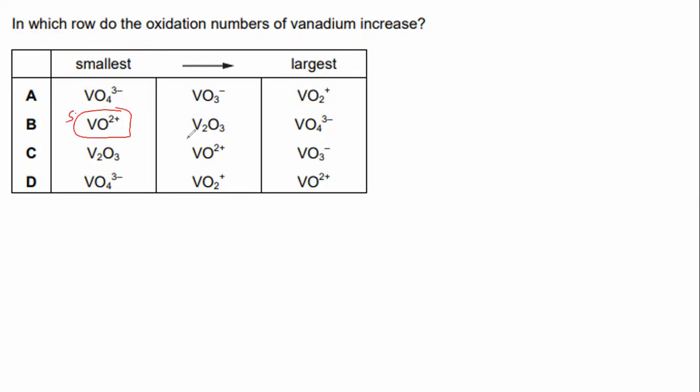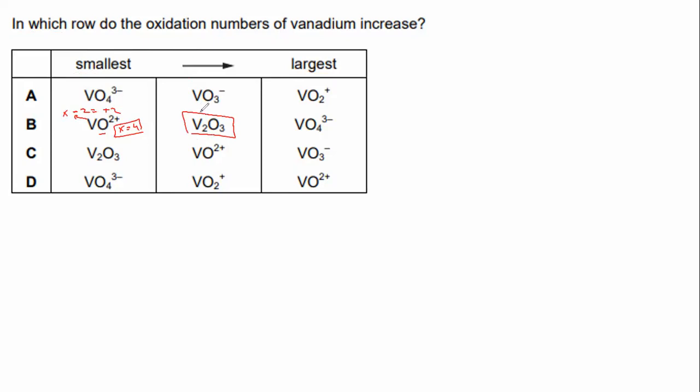It has oxidation number of, no, sorry, not 5. Let's calculate it. V is X, minus 2 because we have 1 oxygen, equal to +2. So here X will be 4. The oxidation number of 4. Here we have V2O3.